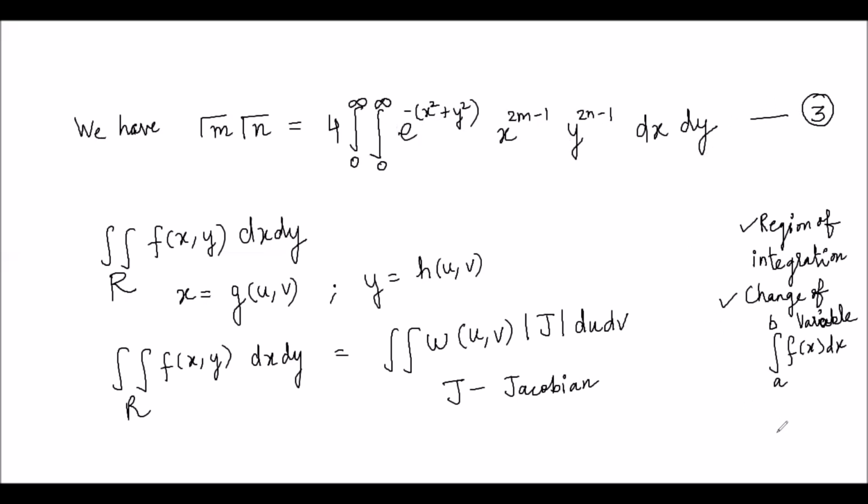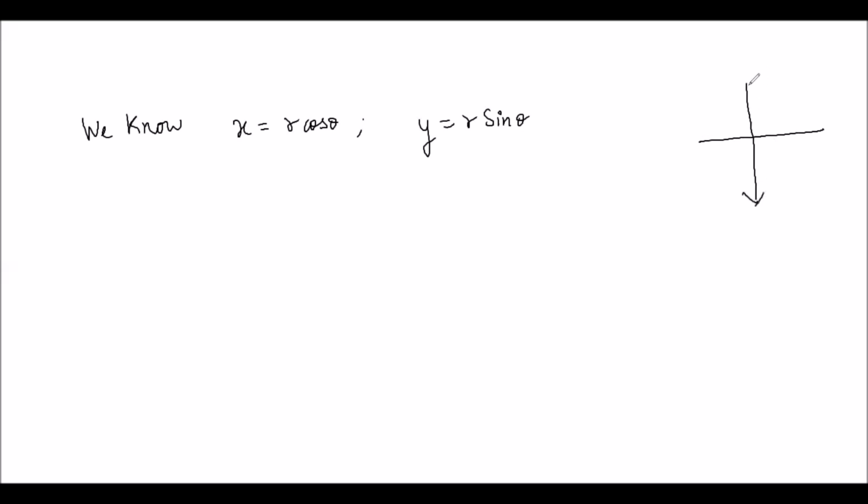So what are the polar coordinates? You are all aware of it. We know x is equal to r cos theta and y is equal to r sin theta. If I show you here, we are considering the Cartesian plane. This is our y-axis, this is our x-axis, and say this is any point whose coordinates are x and y.